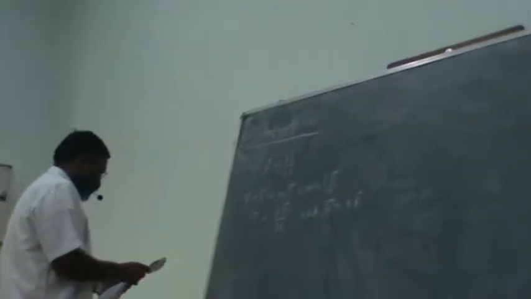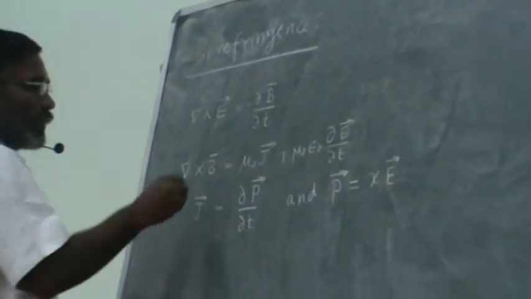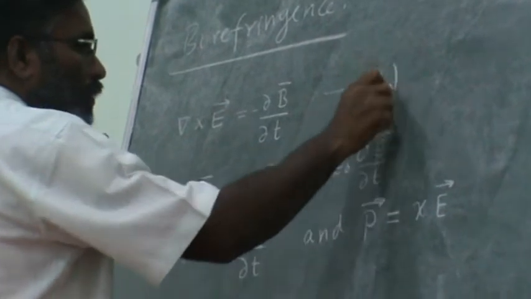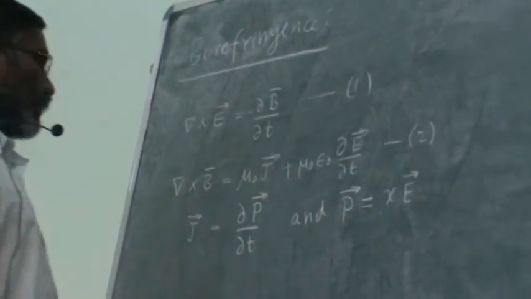So P is the polarization of the medium, and now we can take the curl of this equation. Let's call this equation 1, this equation 2, and take the curl of 1.